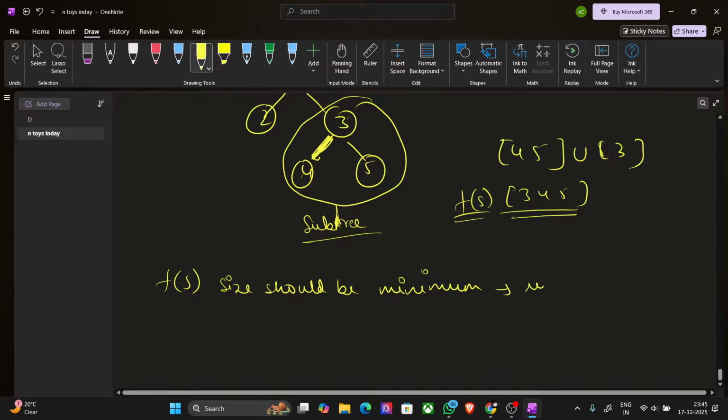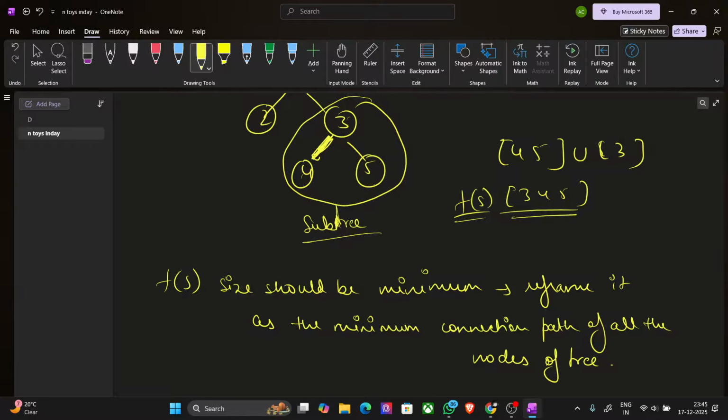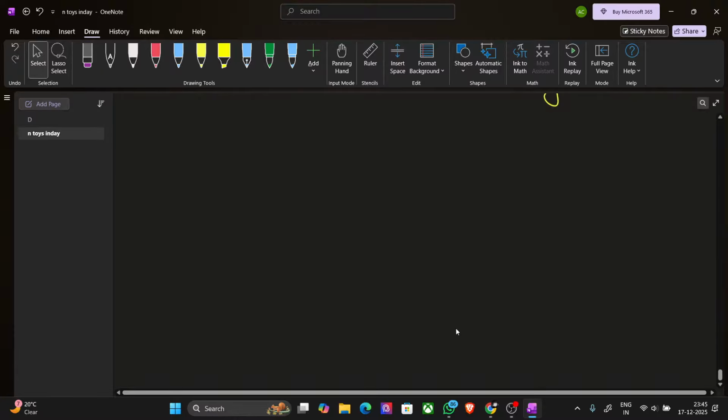I can reframe it as the minimum connection path of all the chosen nodes of the tree, right? Correct. Great. Okay.